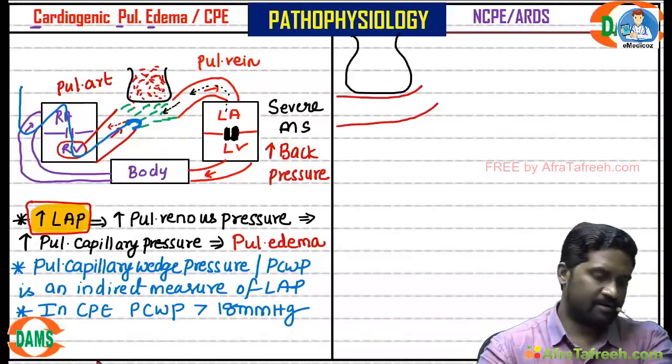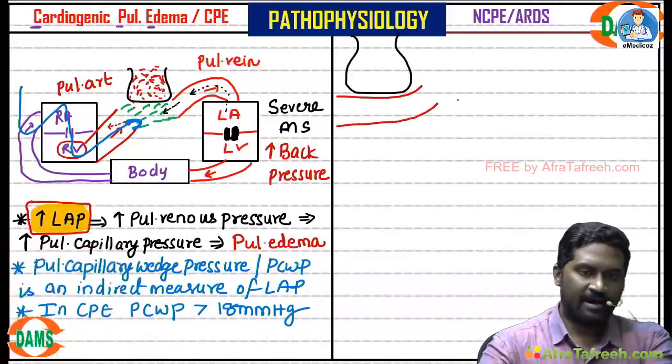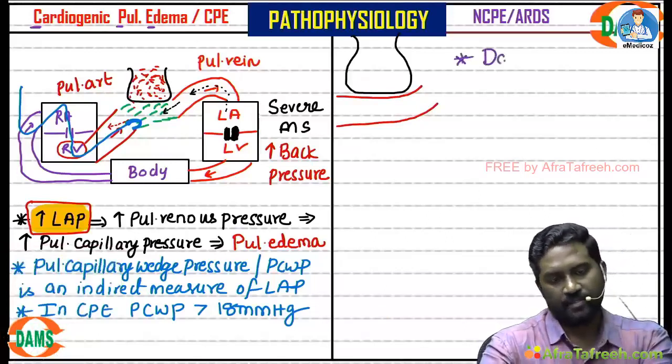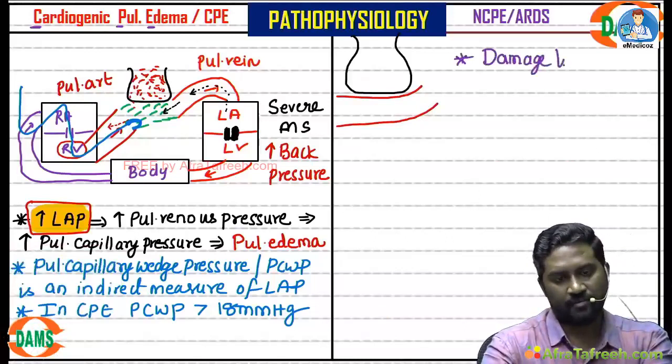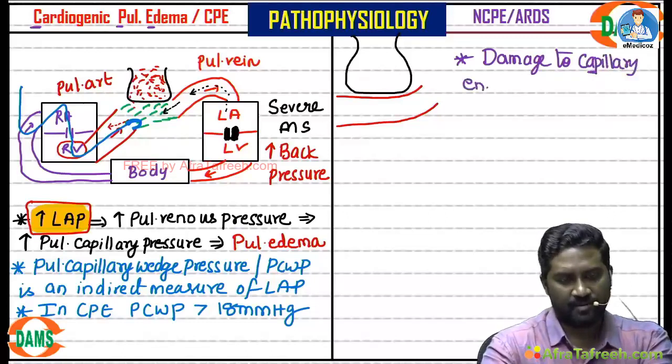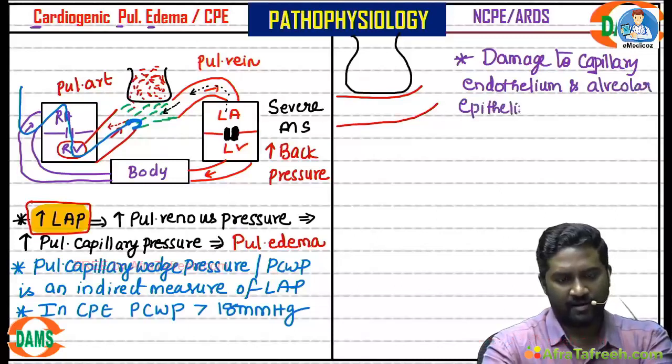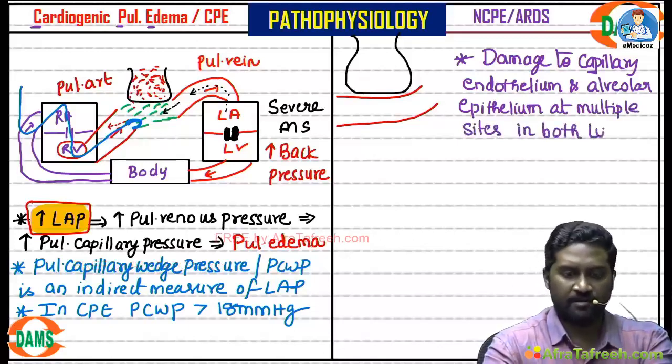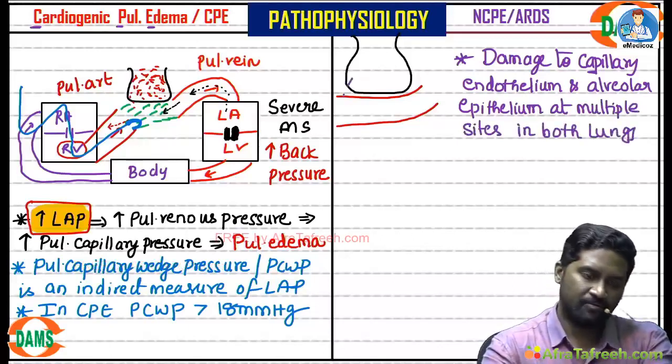Now in ARDS there is damage to capillary endothelium and alveolar epithelium at multiple sites in both lungs, bilaterally at so many areas.